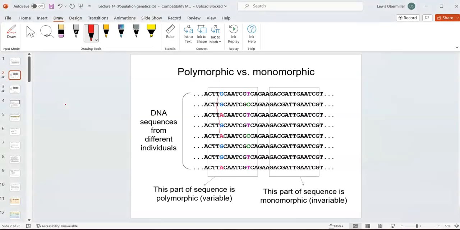So this area right here, since it involves a single nucleotide, and same thing here, these are called single nucleotide polymorphisms, which we've talked about. And that's how 23andMe and Ancestry or whatever, they're not sequencing all this other stuff. They don't really care because it doesn't vary in a population.